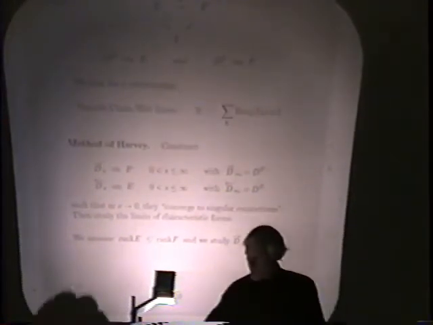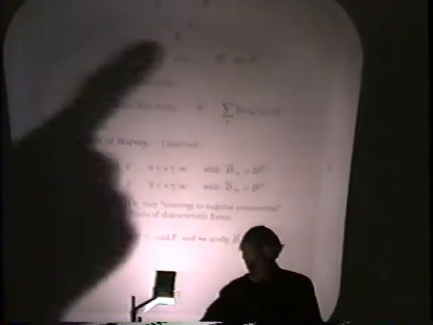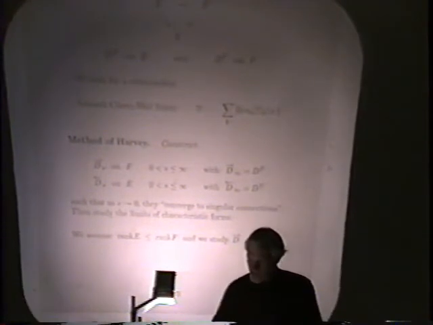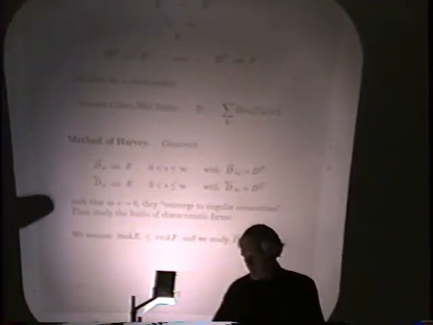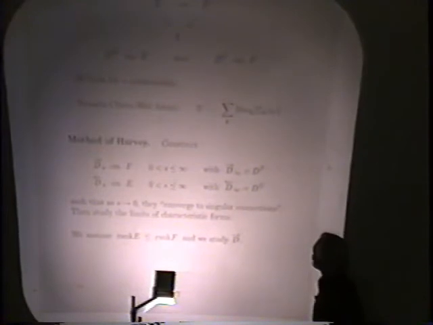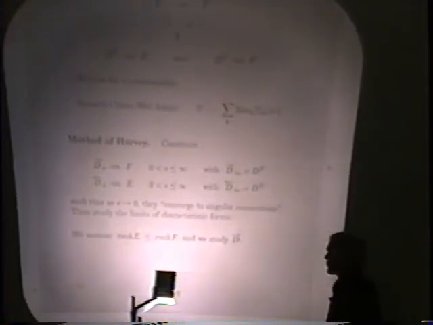So what you want to do is, given these bundles with connection and a map between them, to construct a family of connections. Now, it can either be a family of push-forward connections on F or a family of pull-back connections on E. They both work. In order not to befuddle the exposition any more than it already is, we'll forget about pull-back and just concentrate on push-forward.